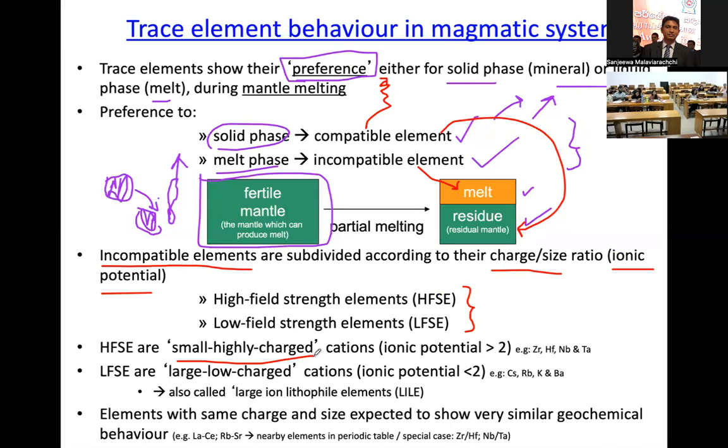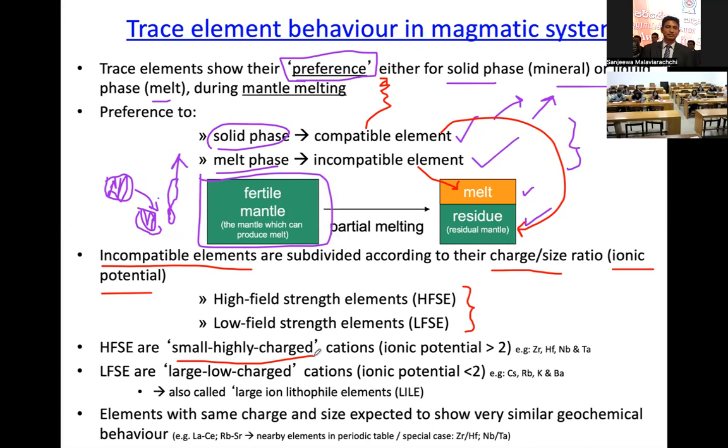So usually we take the number, the ionic potential, that is this ratio of charge to size, greater than 2. If you divide their charge, their valency, by the size, and you get a number greater than 2, you call it high field strength elements.